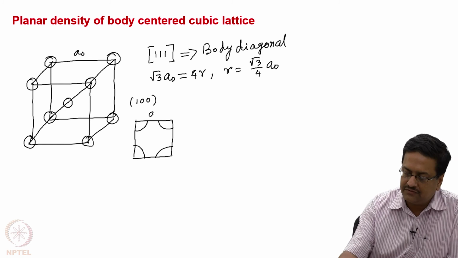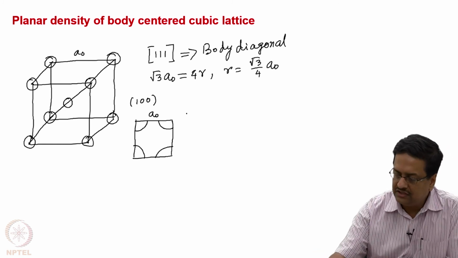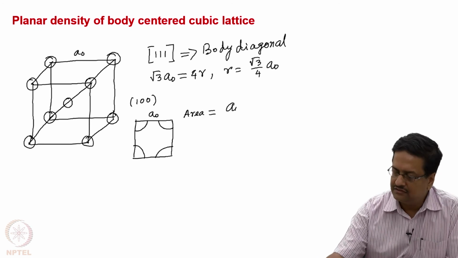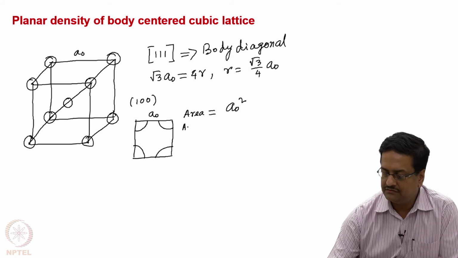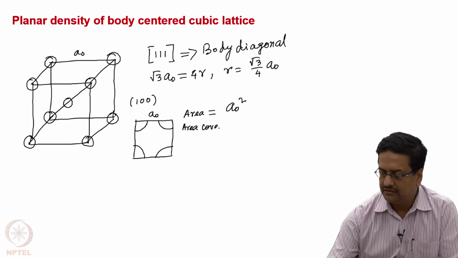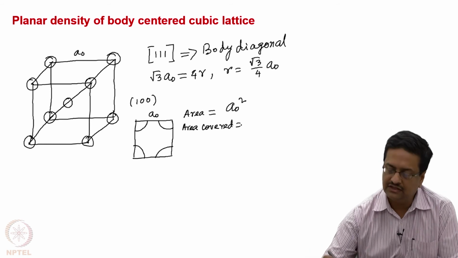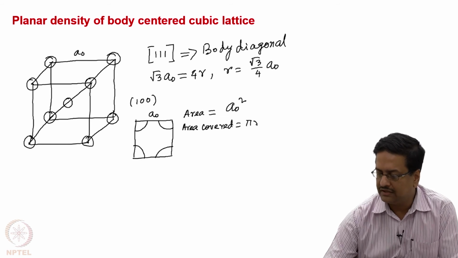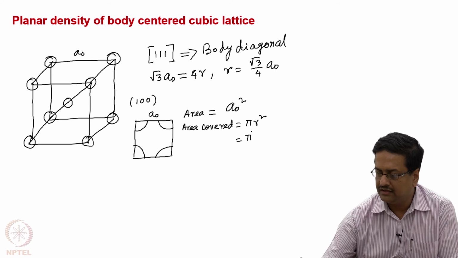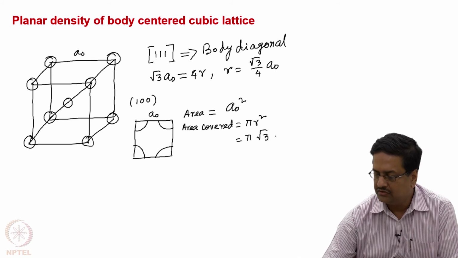The edge length of the face is a0, so the area of each face is a0 square, and the area covered by the atoms is nothing but pi r square, because 1/4, 1/4, 1/4 and 1/4 gives you pi r square, which is equal to pi times root 3 a0 by 4 whole square, which is 3 pi a0 square by 16.